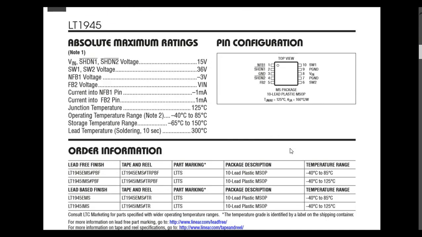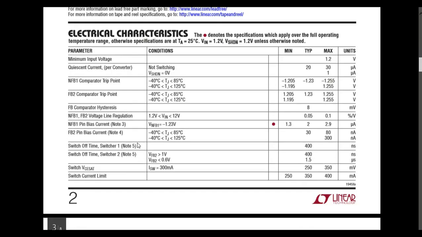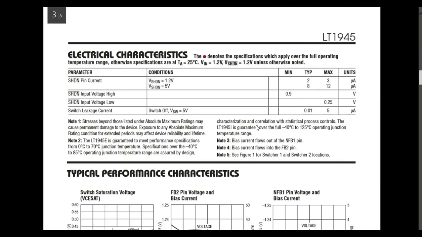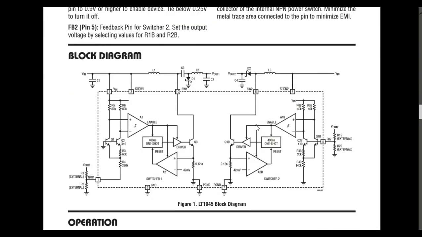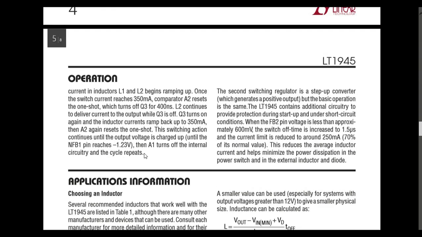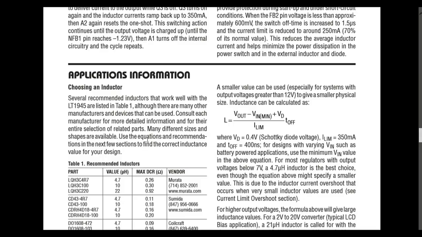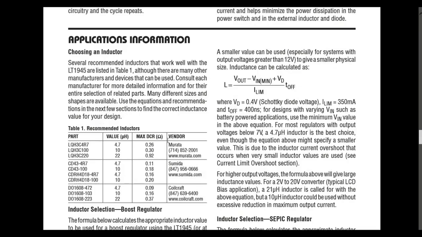Down here is the pin configuration, you can read these parameters. And let's look at the application circuit. This is the typical internal block diagram, and now they are choosing an inductor.